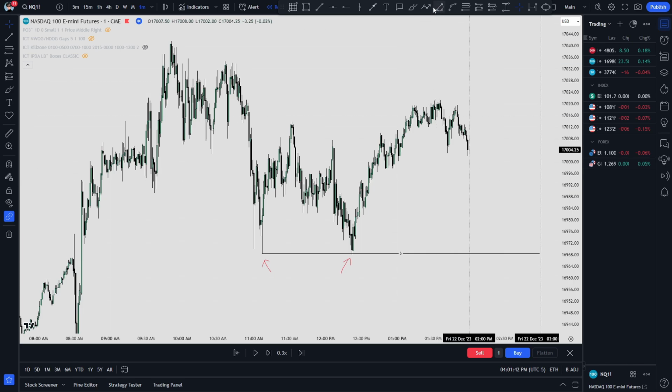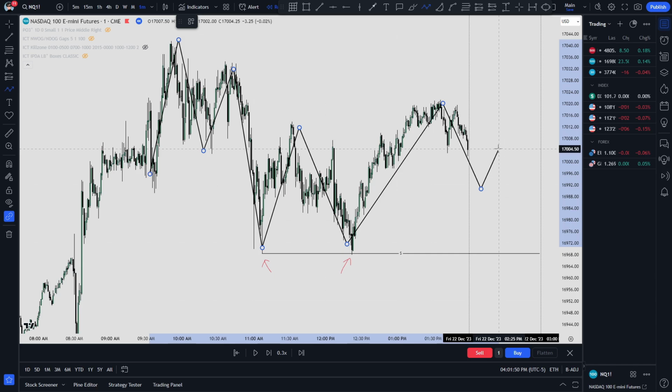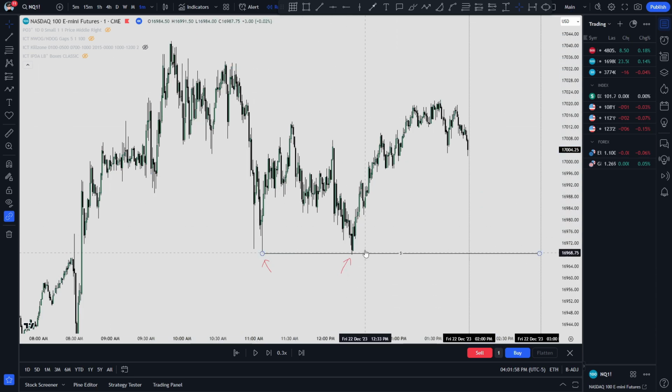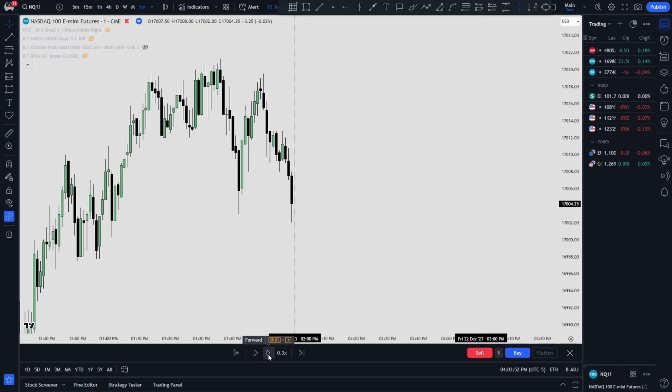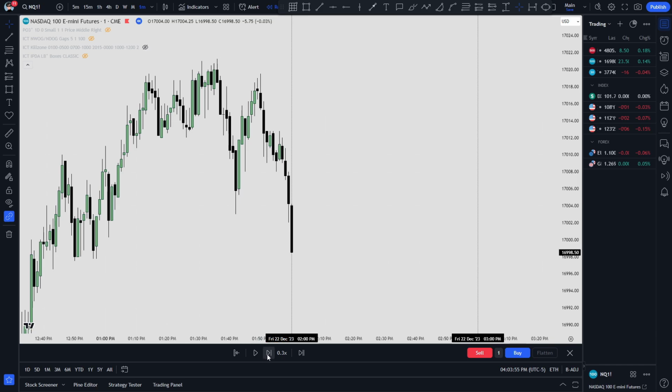So we have our overall structure, which is going from higher prices to now going lower prices. So now we're looking for shorts, and we have a level of targeting these lows right here, which the market would want to seek into. So let's see how this plays out.